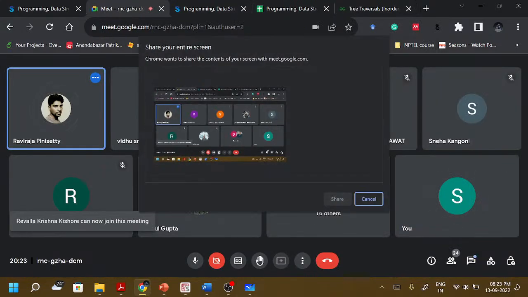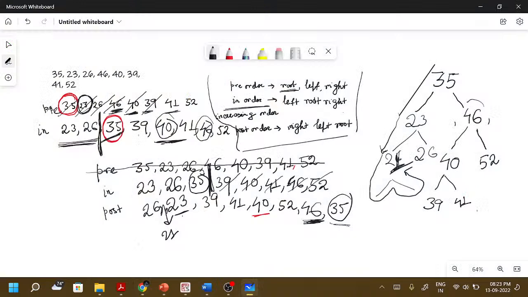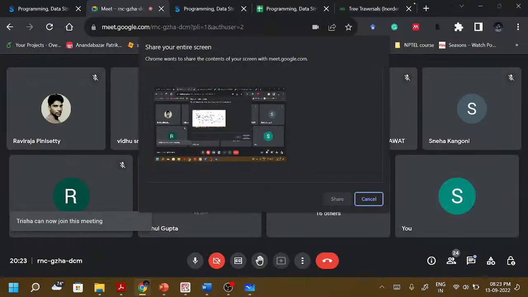Okay, thank you, sir. So this one actually should be post order, which would be left, right. I'm sorry, I got confused. Yeah, left, right, and root. Okay, sir. Screen is not sharing, sir. Yes, it's sharing, right?